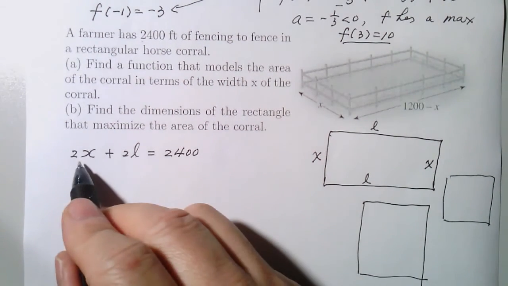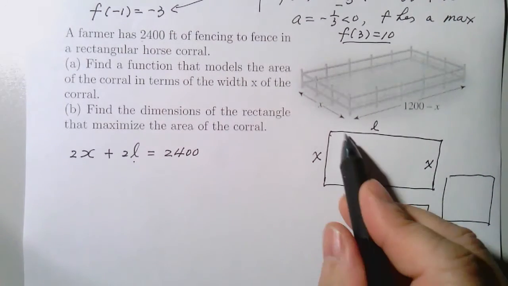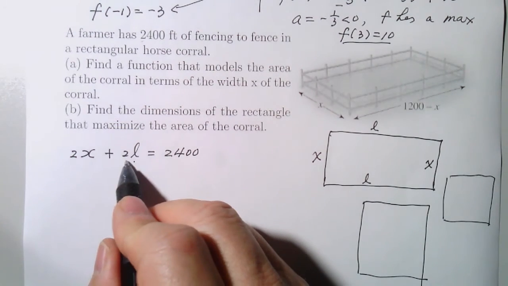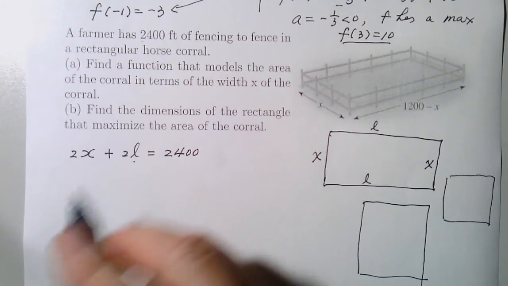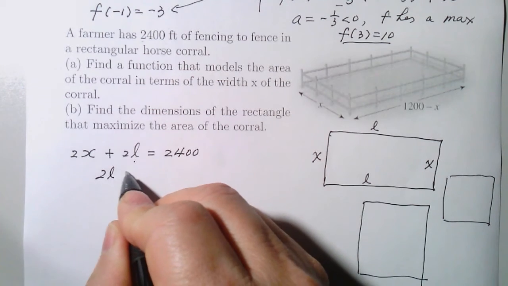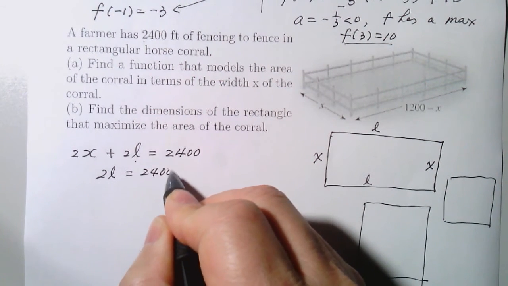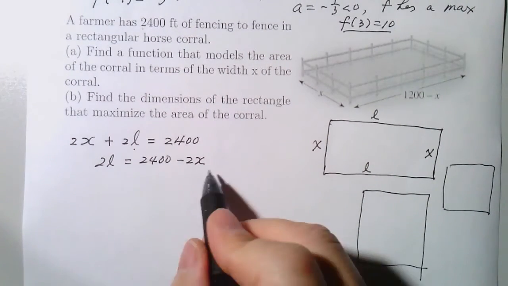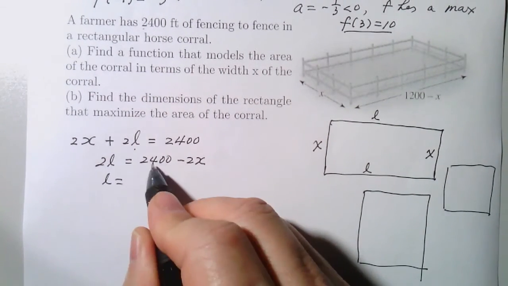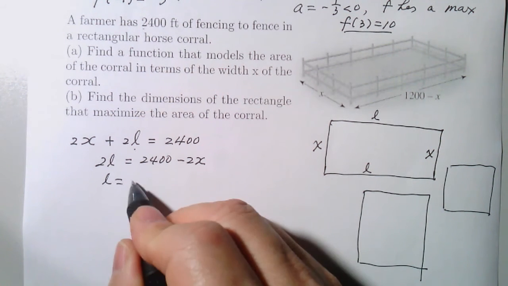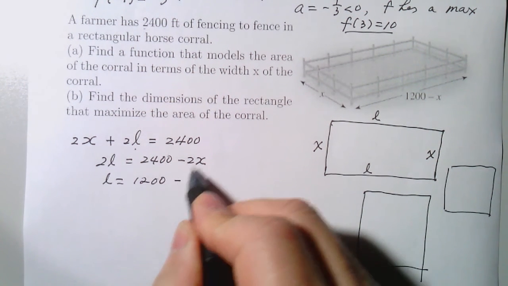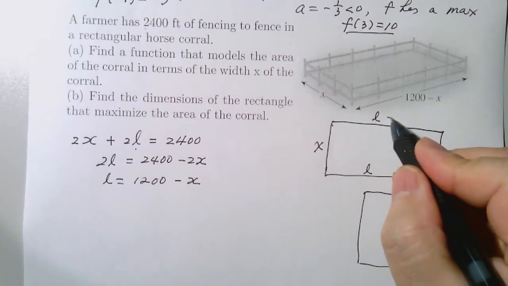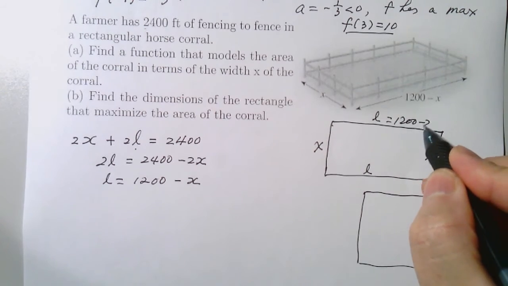I want to represent the length in terms of x, so I need to solve for L. Here I have 2L equals 2,400 minus 2x. Both sides divide by 2: 2,400 divided by 2 is 1,200, and 2x divided by 2 is x. So the length equals 1,200 minus x.